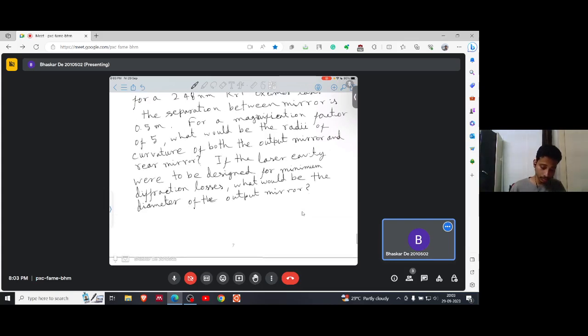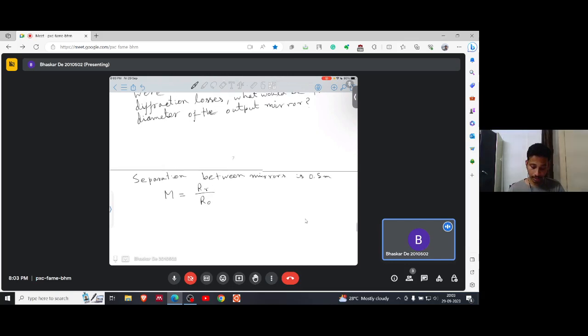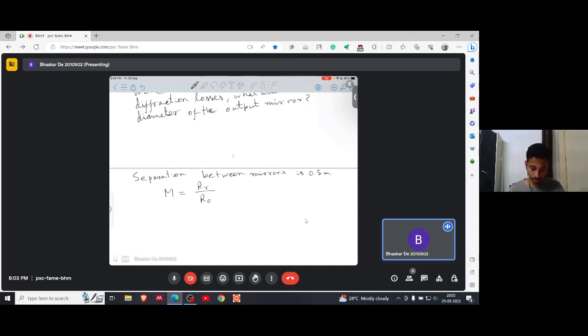So now the given thing is the separation between mirrors is 0.5 meter, and the magnification is 5. Capital R is the radius of curvature for the rear mirror, and R0 is the radius of curvature for the output mirror.